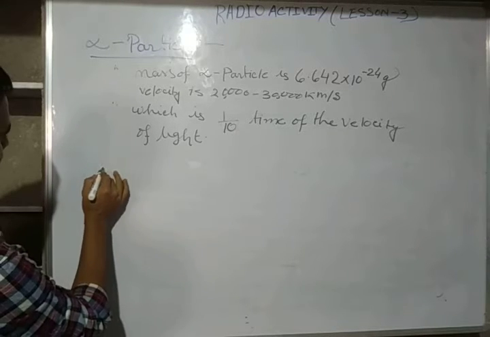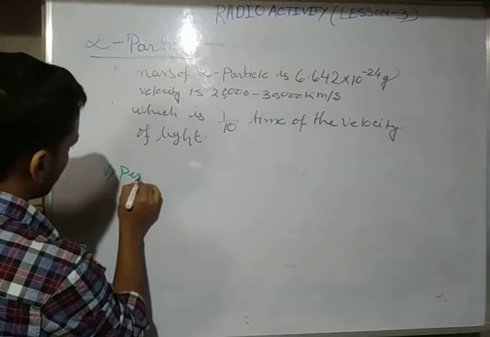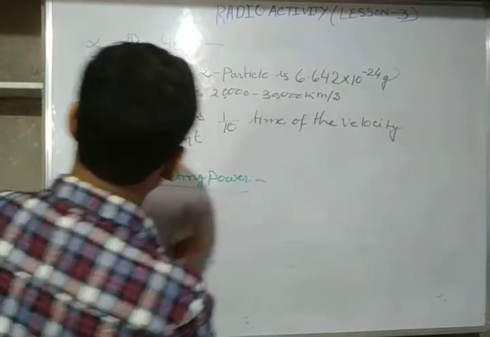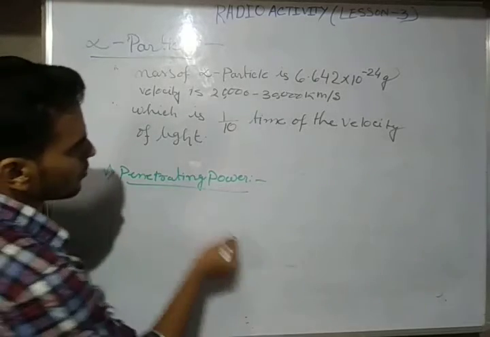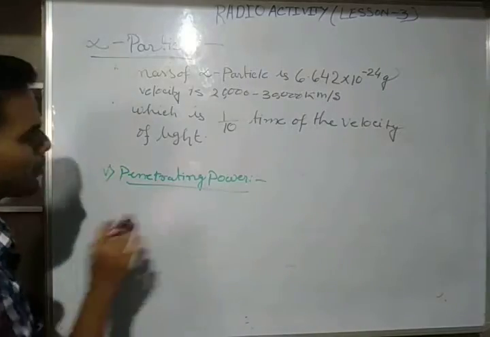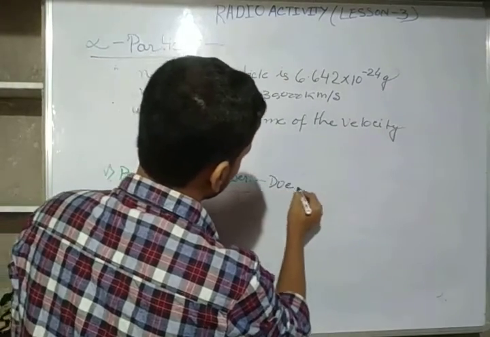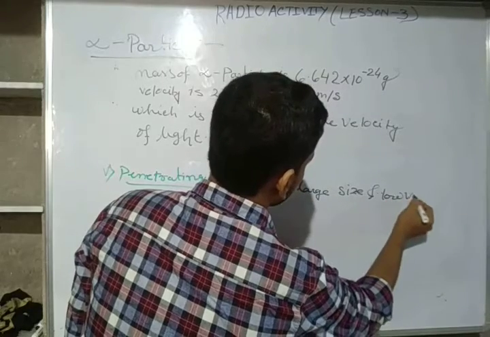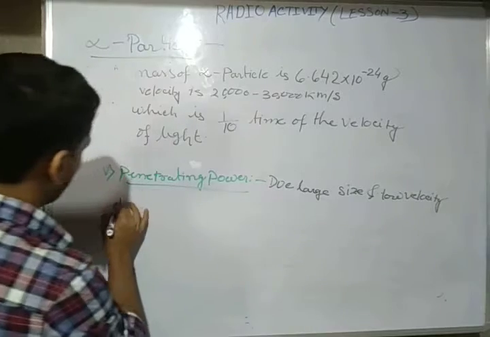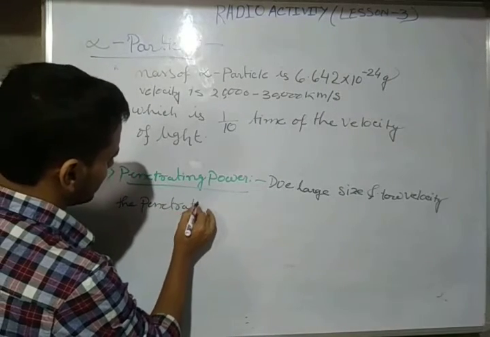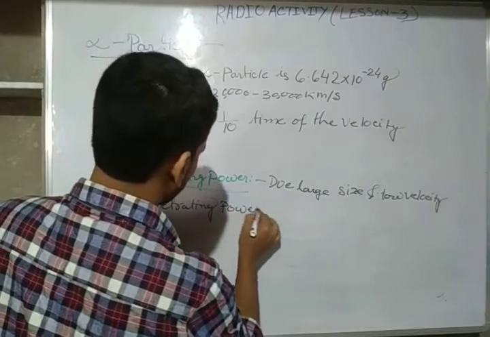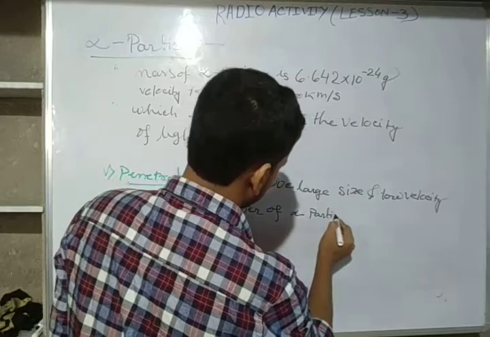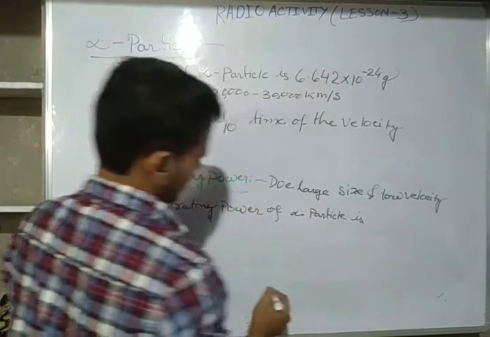Now comes to its penetrating power. Due to large size of alpha particle and low velocity, the penetrating power of alpha particle is low.